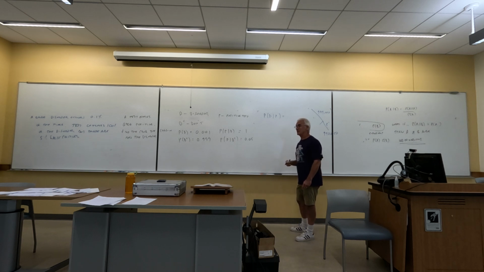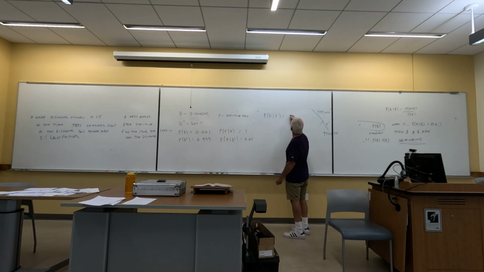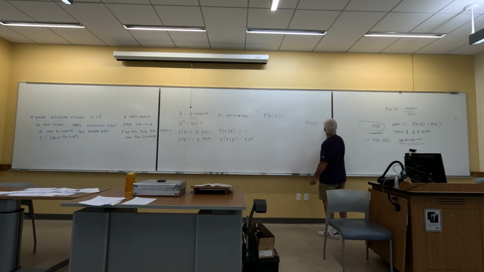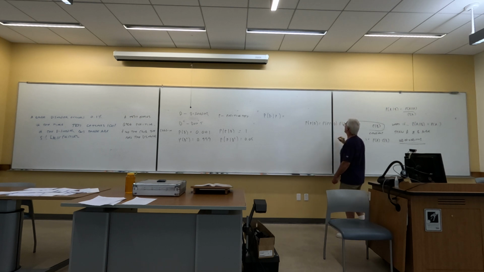Probability of D and P. How about over here, if I said, what is the probability of P given D? We know that's the probability of the intersection times the probability of D. Agreed?